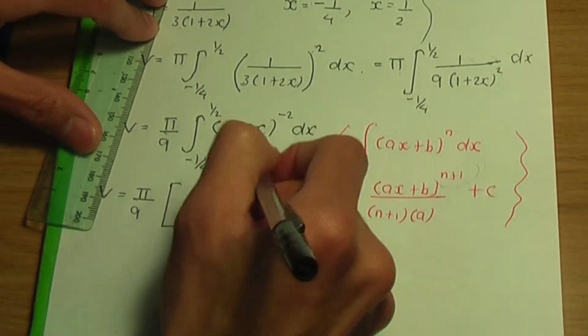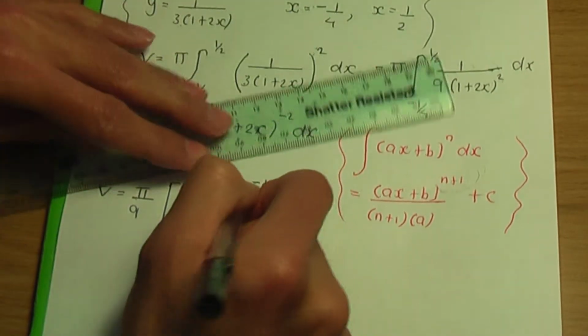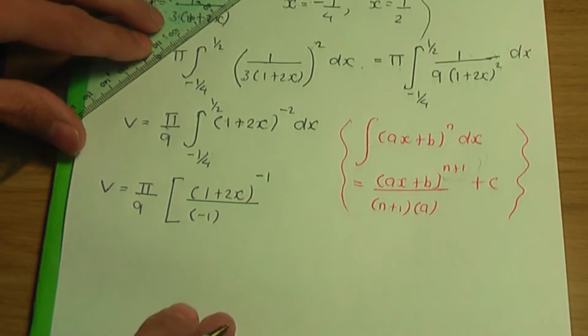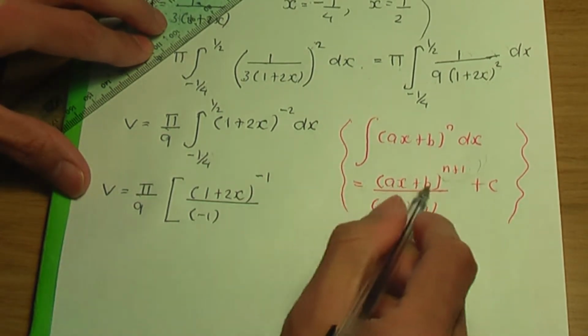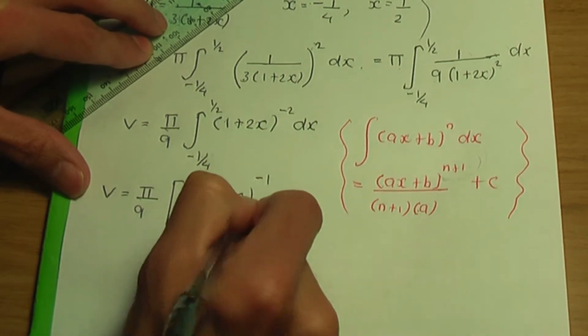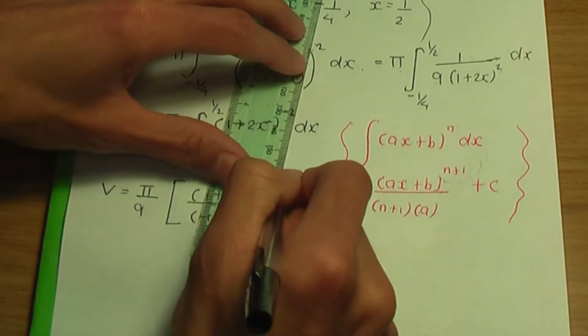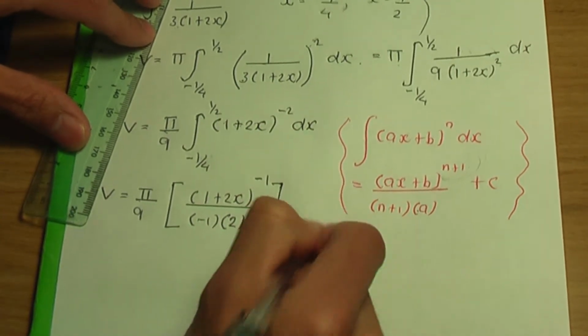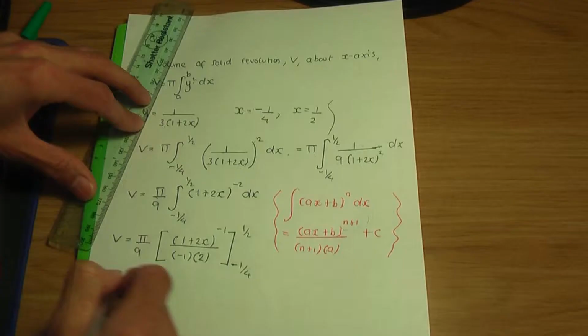So minus 2 plus 1 is minus 1. Divide by that resulting power of minus 1. But remember, you need to divide by the coefficient of x. So the coefficient of x is 2. And not forgetting the limits. Limits are minus a quarter and half.